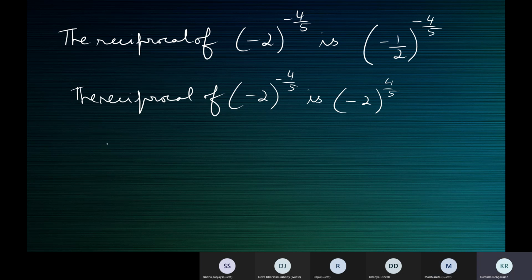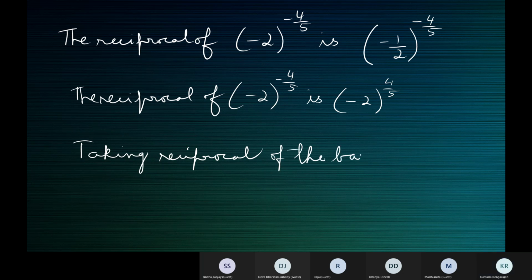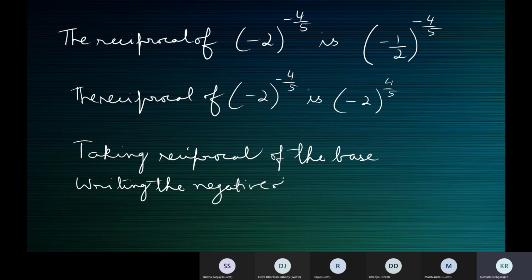The two changes which you can do are taking the reciprocal of the base and writing the negative of the power.